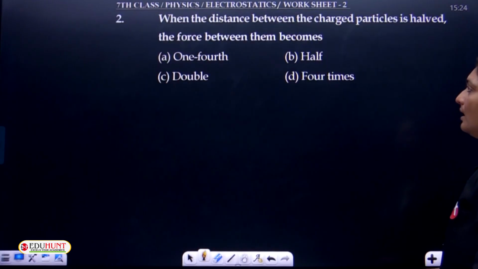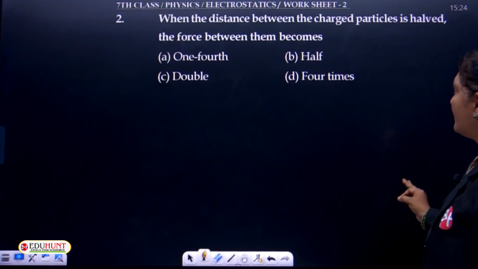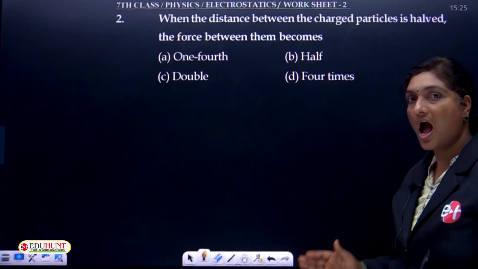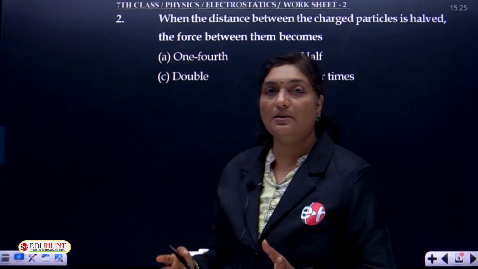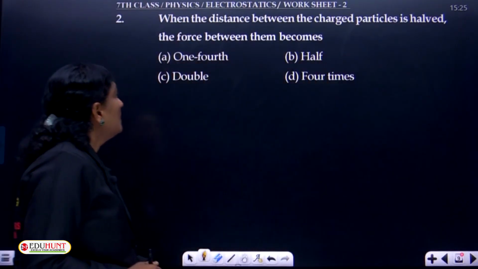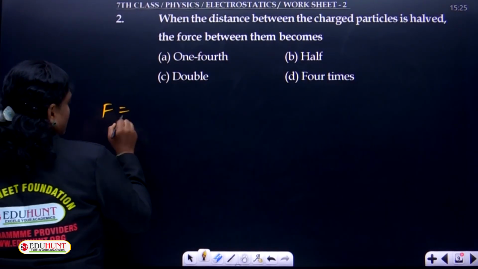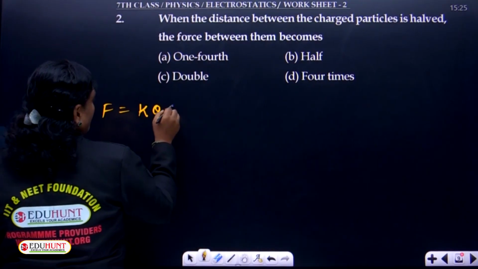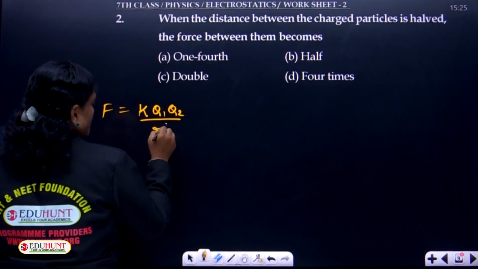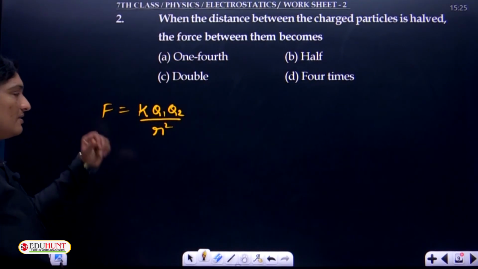Okay. Moving to the next question: when the distance between the charged particles is halved, the force between them becomes... Children, as we know, the formula for force is K times Q1 Q2 by R square. So this is the given force.